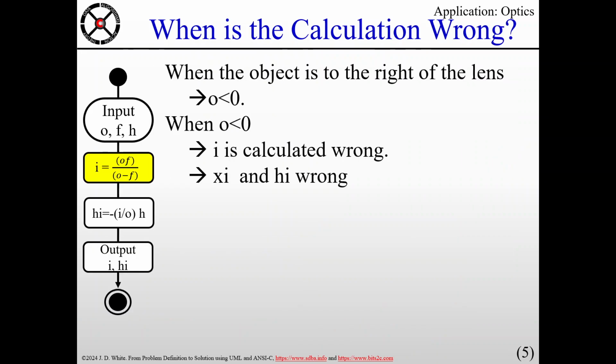Okay, you can see that there's your old UML. So how are we going to change this equation to be correct? That's basically what we're trying to do. When O is less than 0, it's calculated correctly. But I is wrong when the object is to the right of the lens. How do we solve this problem right in here? This is the guide. So this is going to have to be replaced by a conditional. You need to think about that. How do we replace it with a conditional?